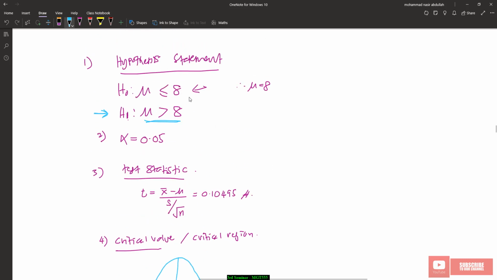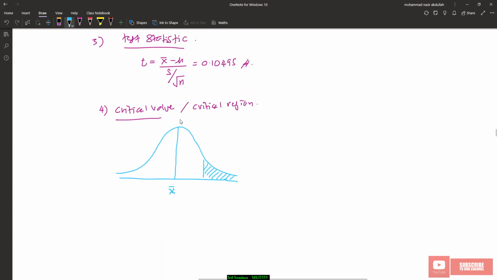So this is more than 8. So this is the area dekat sini, yang ni kita nak cari. This is the critical value.